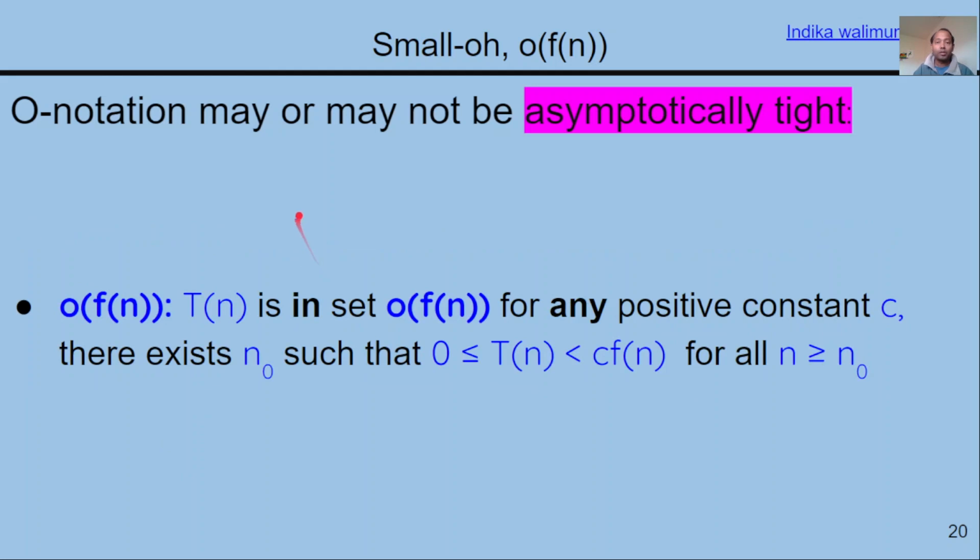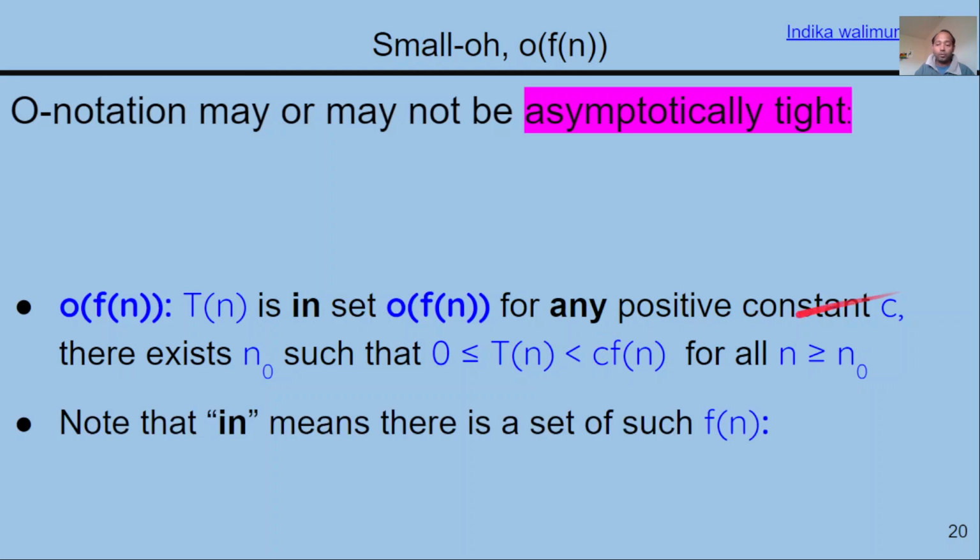So we can now define small O notation. T(n) is in the set small O of f(n) for any positive constant c. See the difference between the wording: for any positive constant c, there exists an n naught such that this relation holds. So T(n) is always less than c f(n).